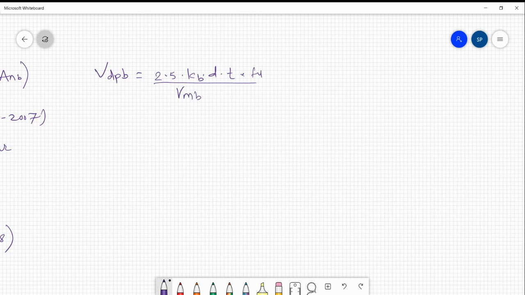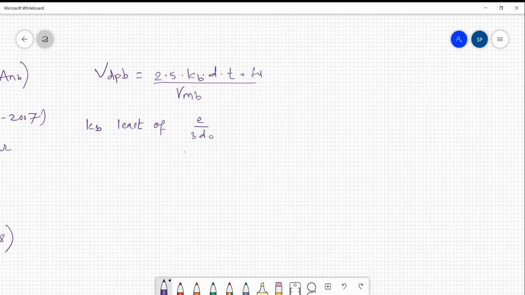This is the expression for VDPB. Now here KB value you will have to calculate. Now KB is the least of different values. One, E divided by 3D0.